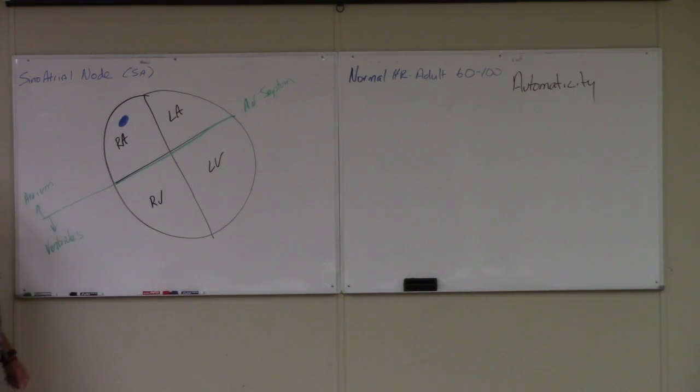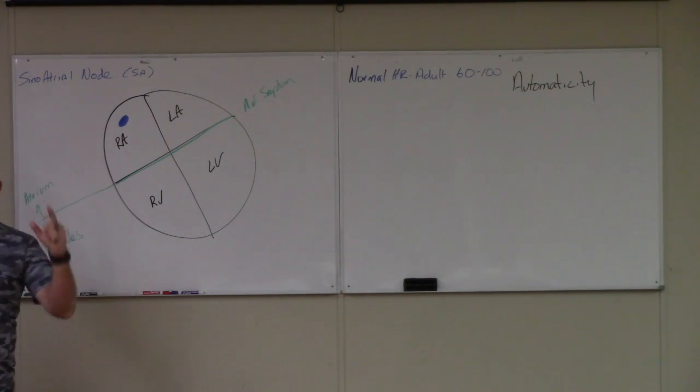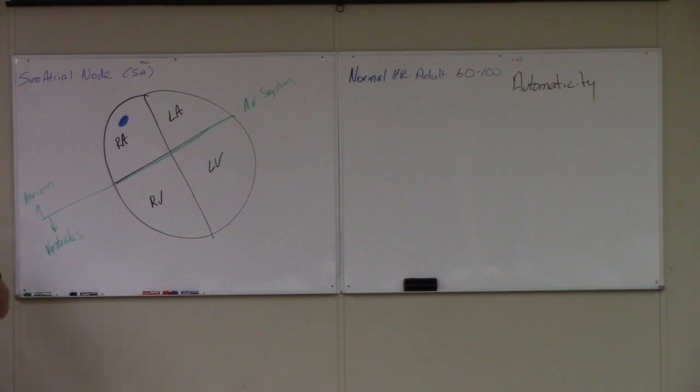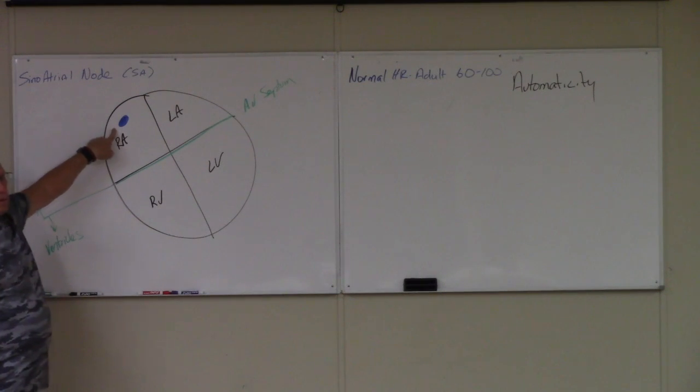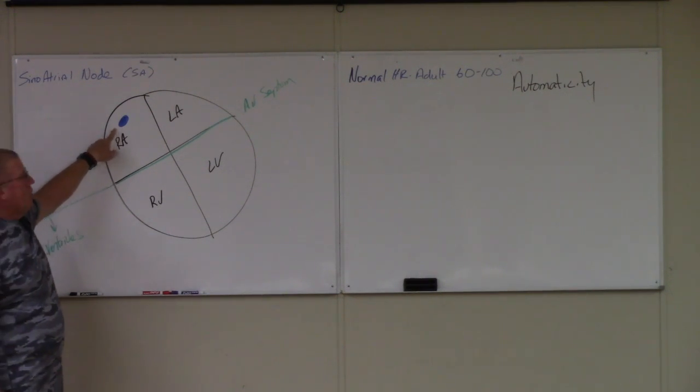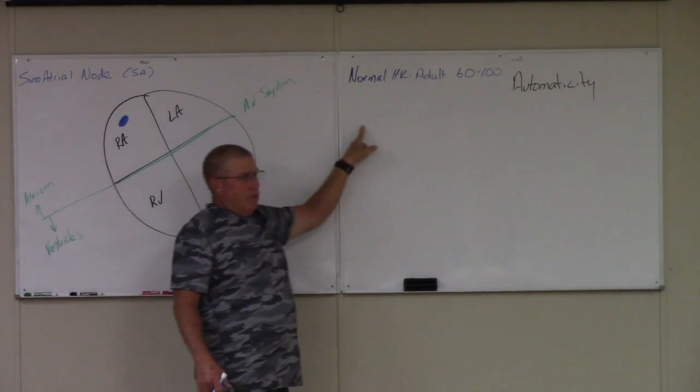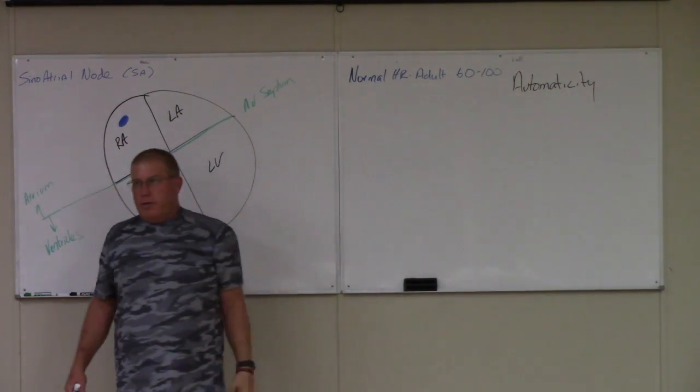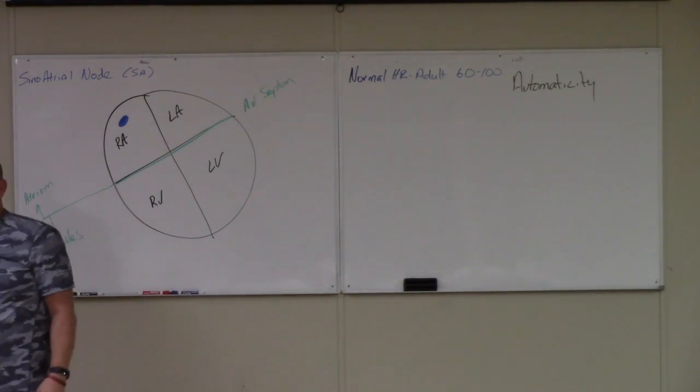SA. Okay? This spot in the right atrium, under normal conditions, normal heart function without disease, creates the initial impulse, the initial electrical charge that creates a heartbeat.